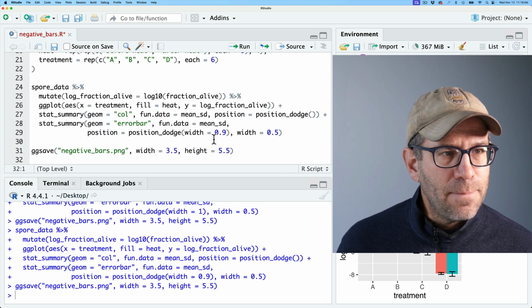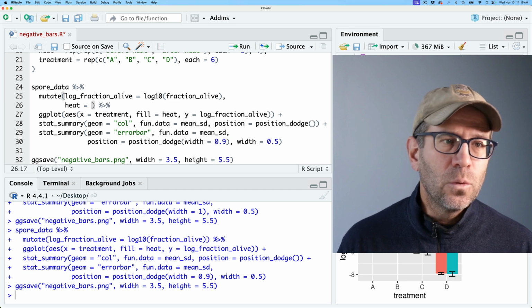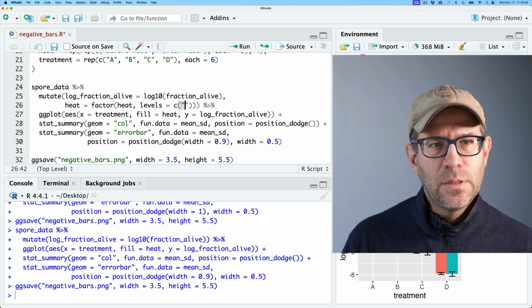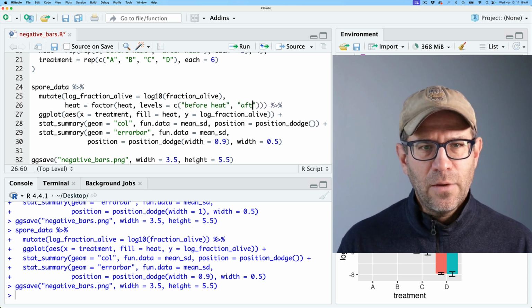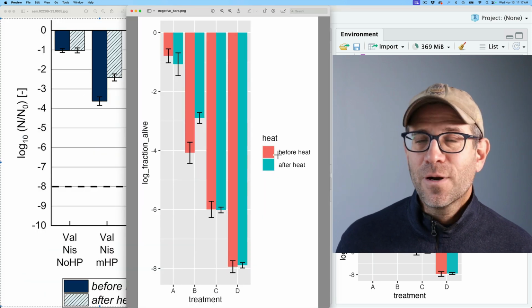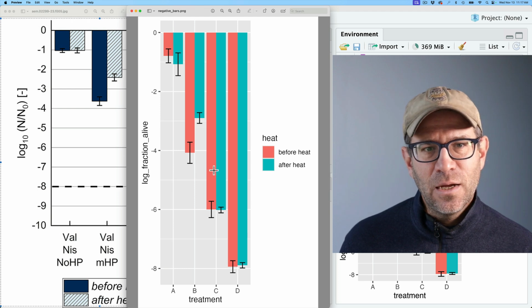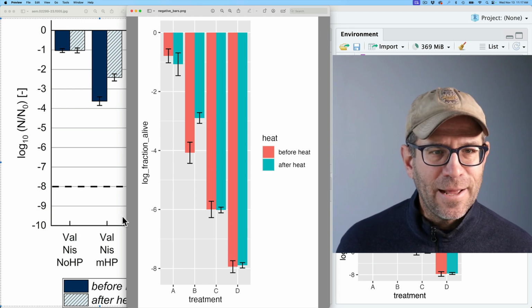And so let's come back up here into our mutate statement, and we'll do heat equals factor on heat, and then we'll do levels, and then it's going to be before heat, and then after heat. And now what we see is that before comes before after, and that before is on the left side of each of these columns, right? So good, we're gaining on it here, right?